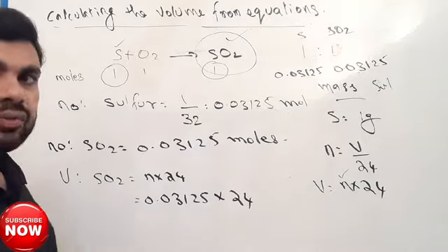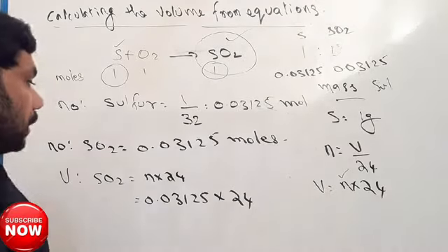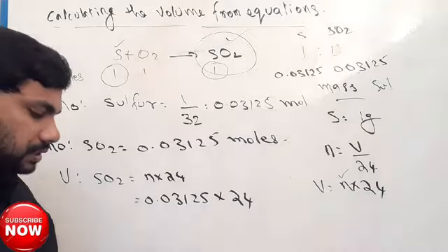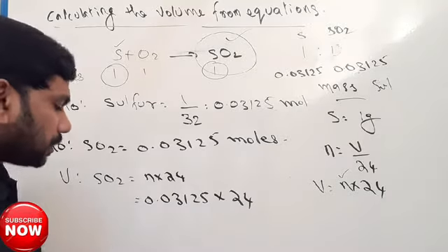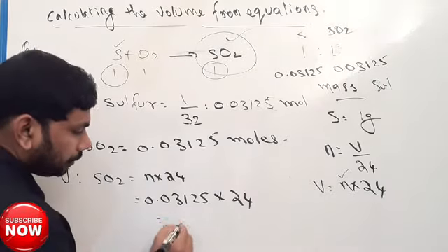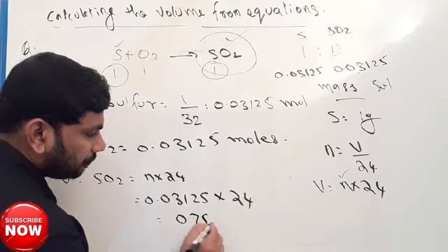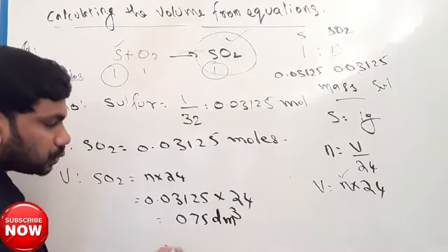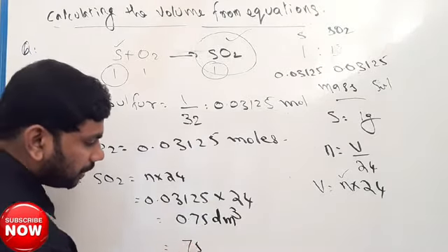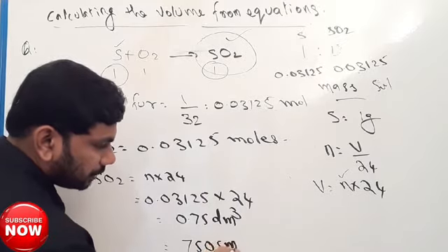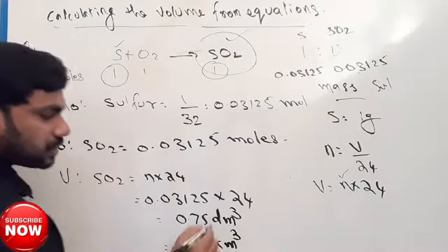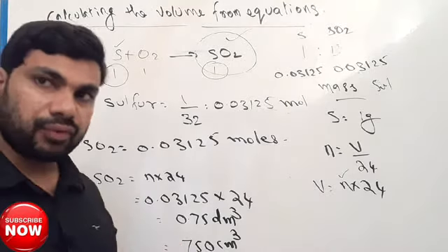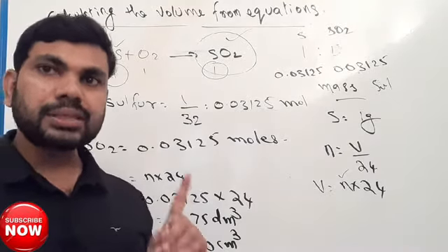When you solve this, you will get 0.75 decimeter cube. When you convert this into centimeter cube, multiply by 1000, so 750 centimeter cube. This is the volume of sulfur dioxide formed when 1 gram of sulfur is burned.